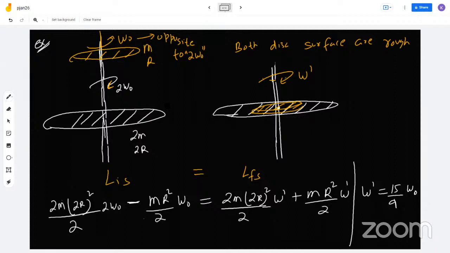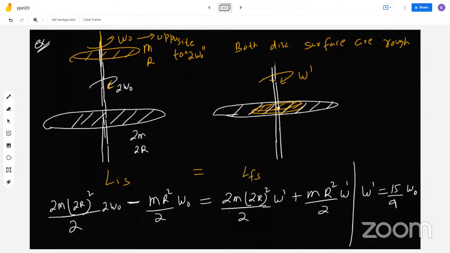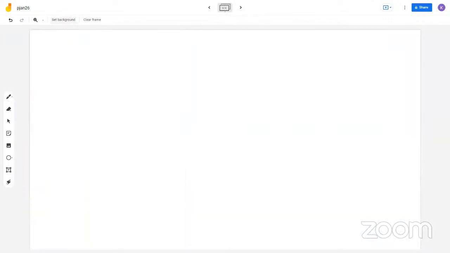Yes, Sayur, sir, matching. Okay guys, if you have copied, I will go to the next slide.